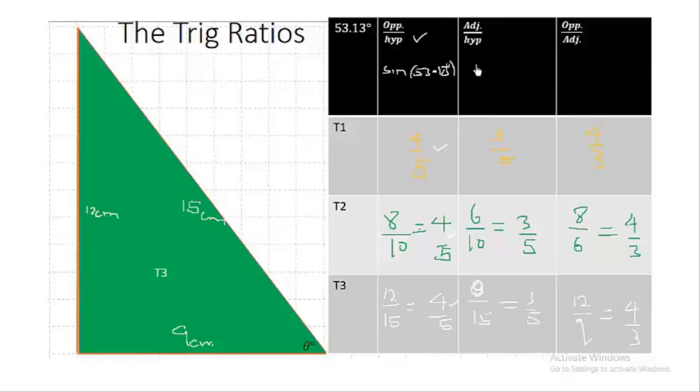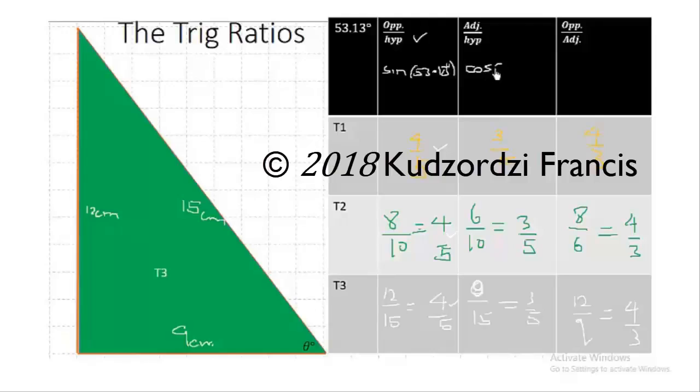Then also this constant ratio is called the cosine of the angle. So let's say it equals 53.13.